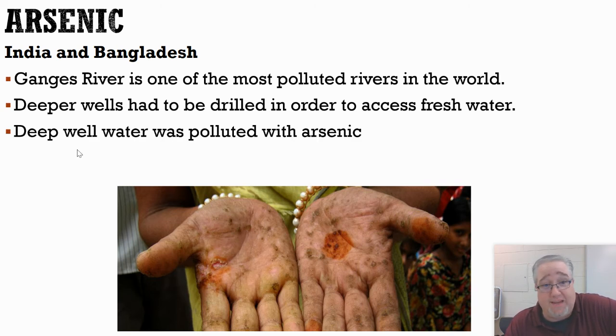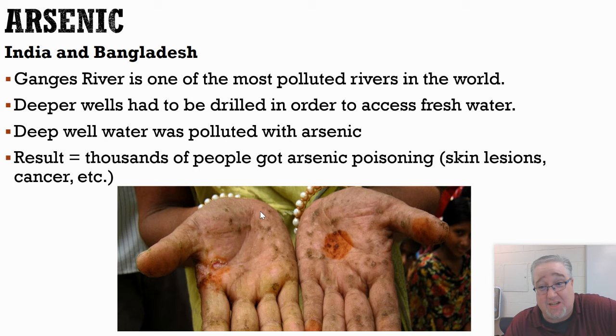Well, when they dig these deeper wells, they actually dig through arsenic deposits, and that arsenic ends up getting into their water. And they actually had, I think it was about 10 years ago, a case where thousands of people ended up getting arsenic poisoning because of the drinking water that was contaminated with arsenic. So, again, Bangladesh, poor Bangladesh. They have so many issues there with their water.